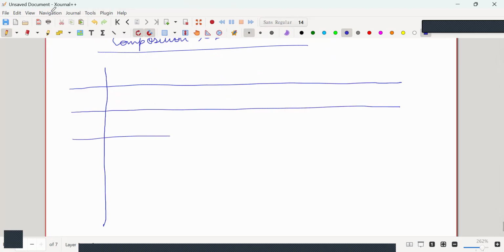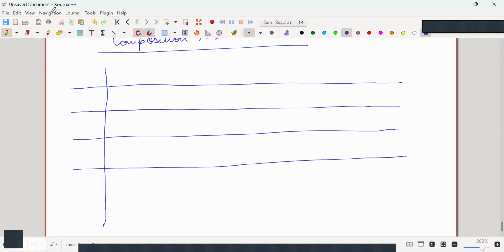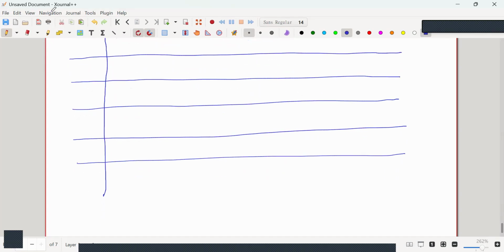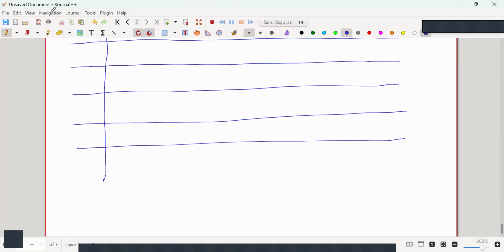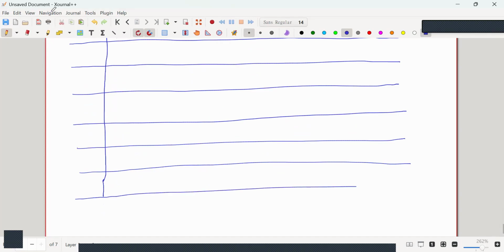So there are 6 elements. So we need to draw six rows. Of course, there will be one row that will describe the columns, and there will be one column that will describe the rows, that is separate. 4, 5, and 6. Okay.